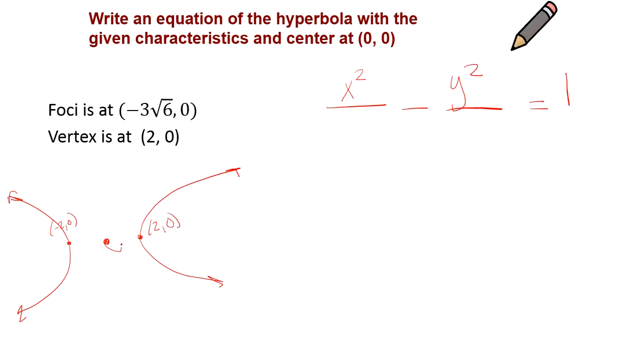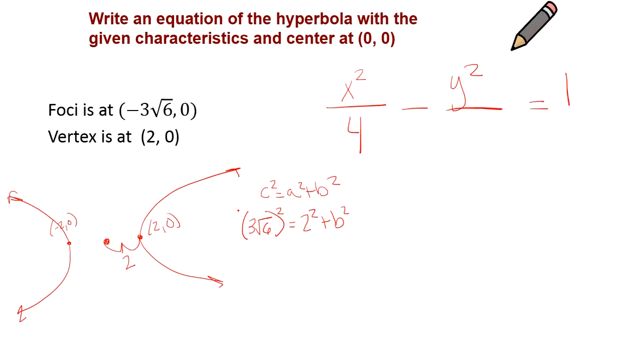A is the distance from center to vertex, which is 2. So I do know I'm going to have a 4 underneath the x squared. Let's find what the b value is. So I'm going to have c squared equals a squared plus b squared. C is 3 square roots of 6, squared, equals 2 squared plus b squared.